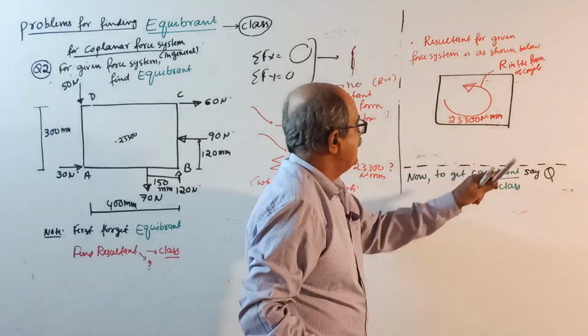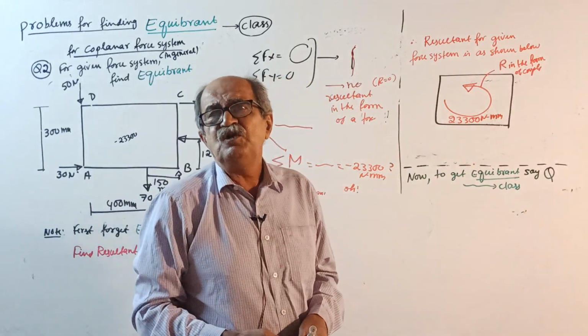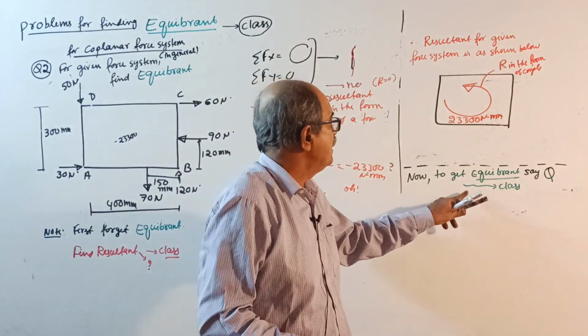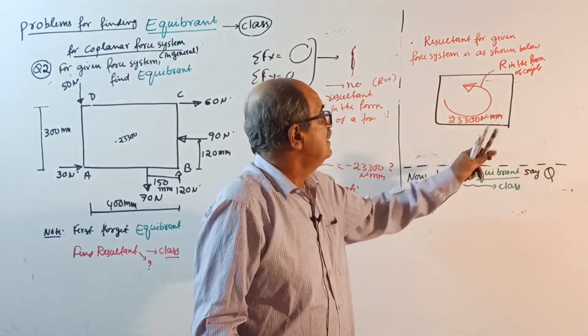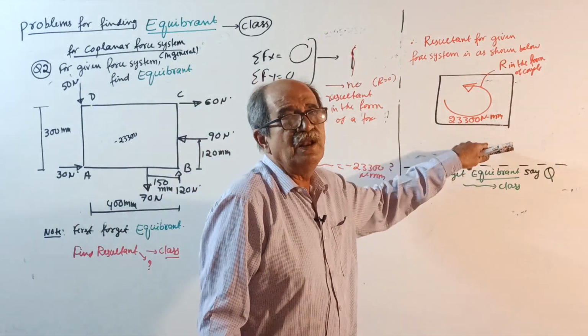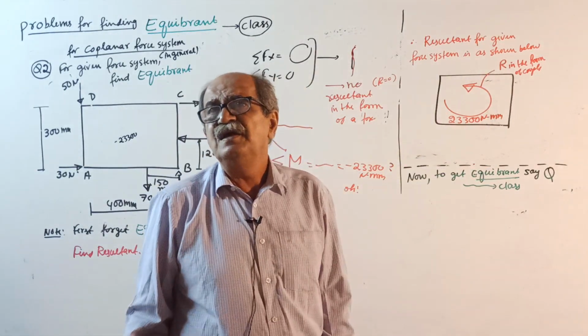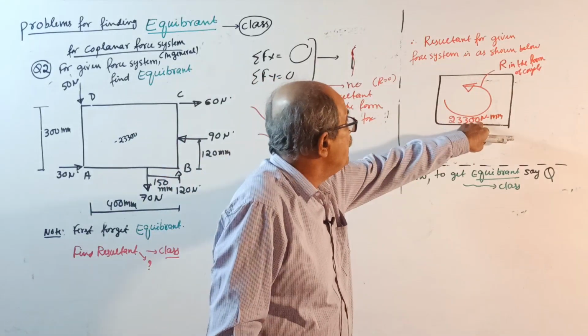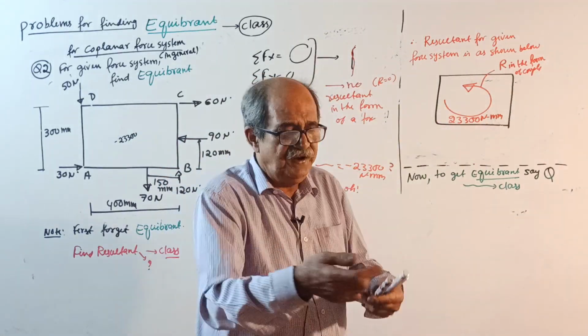Now to get the equibrant, statement. If the resultant is in the form of a force, I told you the statement. But now you have to write a different statement. In this question, the resultant is in the form of a couple. Therefore, the equibrant is also a couple of the same magnitude, but in the opposite direction.